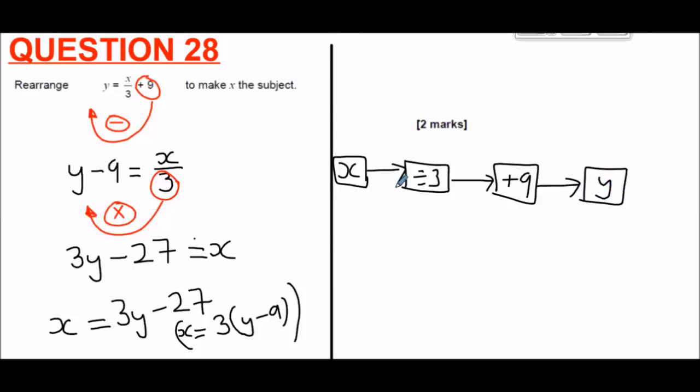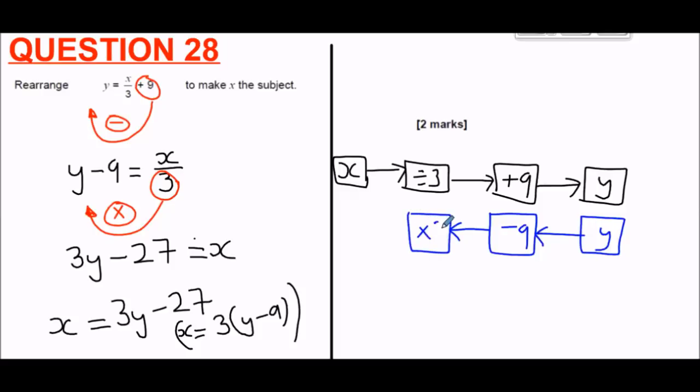Now we work backwards, so we go the opposite way and do the opposite processes. So we start with y and go back on ourselves. The opposite of adding 9 would be to take away 9, and the opposite of dividing by 3 is to times by 3, and that tells us what x would equal.